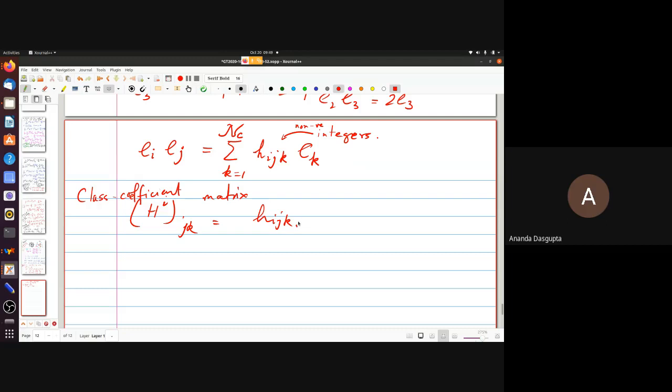Can you see what this is doing? If you took all these classes C1, C2, through Cn in a column vector, you would really be getting this Hi acting on the same vector, right? Is that okay? So multiplication by Ci looks like the matrix Hi acting on this.